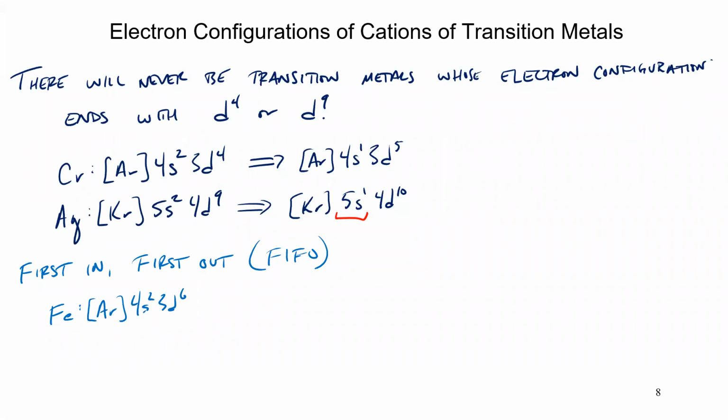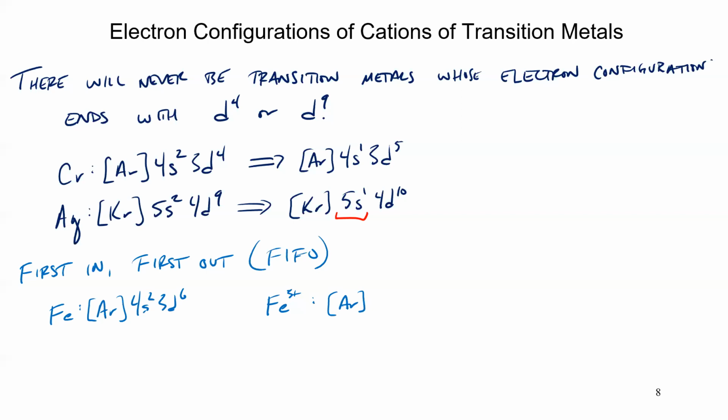4s2 3d6. Iron forms the 3+ ion very well. And so for iron 3+, we're going to lose the first electrons that we put in there. Right?